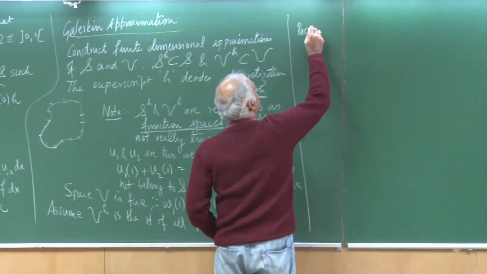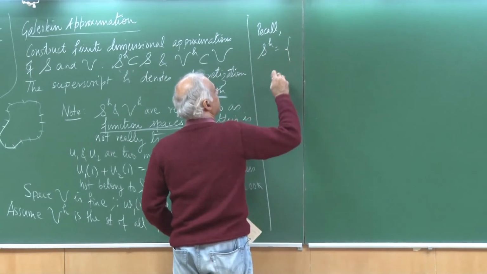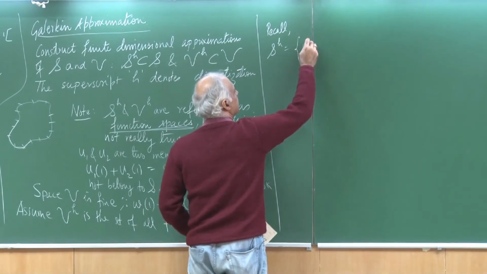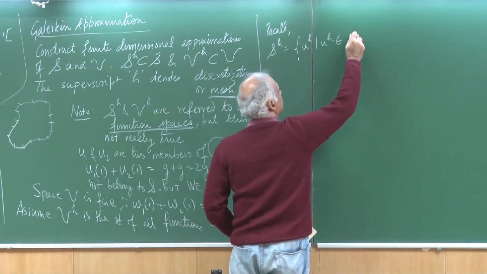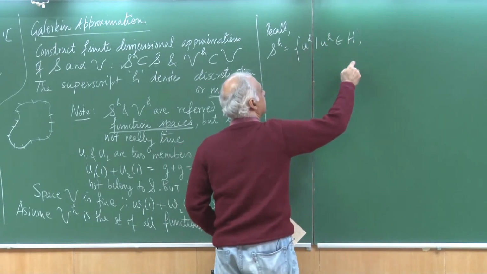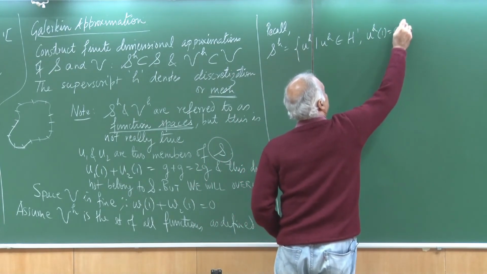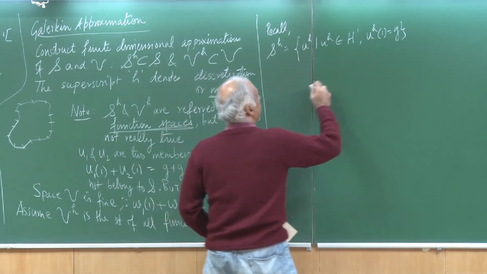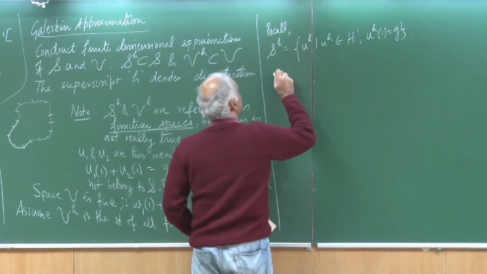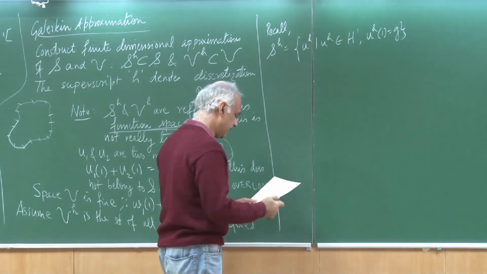So, recall SH is the set of all these functions uh such that uh belongs to the space H1 and uh at 1 is g. I can put an H here, but that is not really necessary.